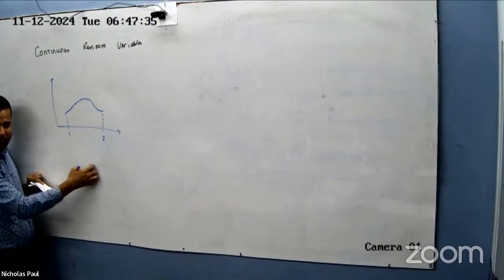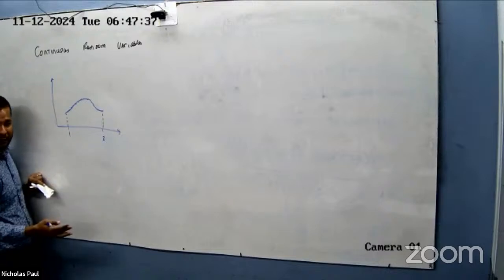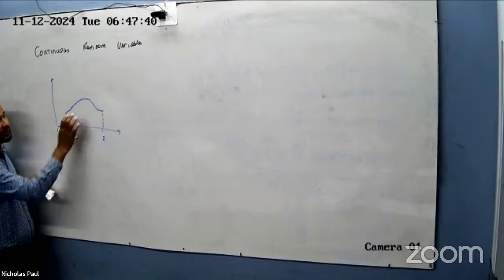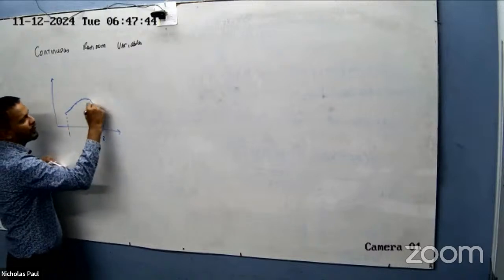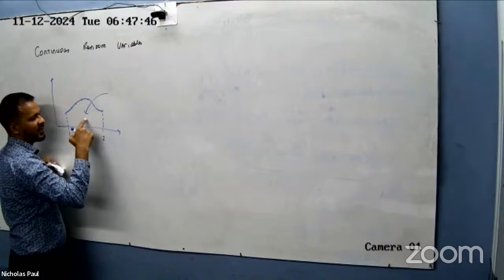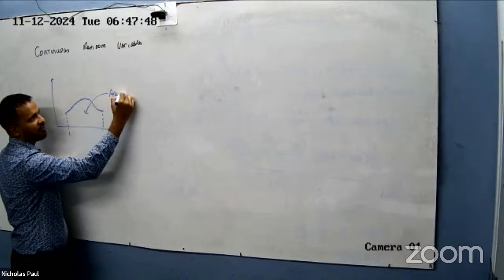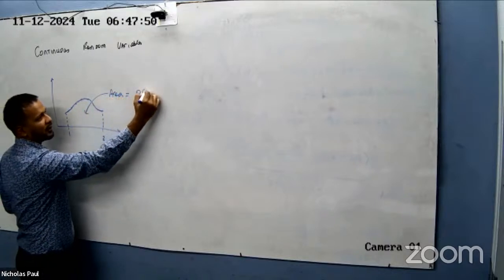Remember, we had a probability distribution table. We can't do that anymore. We have to find another way to find the probability, right? What you will observe is that the area underneath here represents the probability.